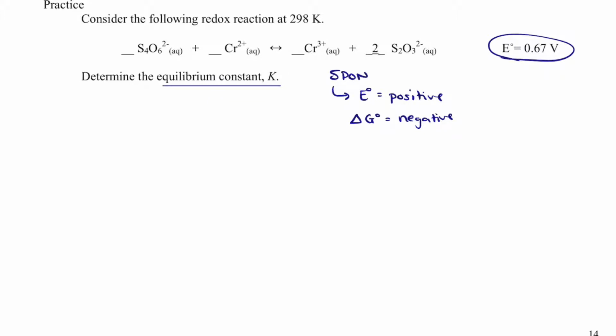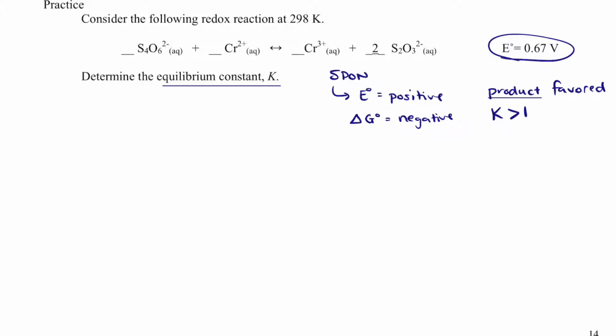And I know that it's going to be product favored because it's spontaneous and it's forming those products that I just circled. And that means that K is going to be greater than 1 because K is equal to products divided by reactants. And if it's product favored, that numerator will be very large in comparison to the denominator.